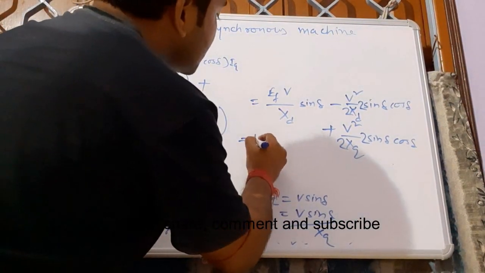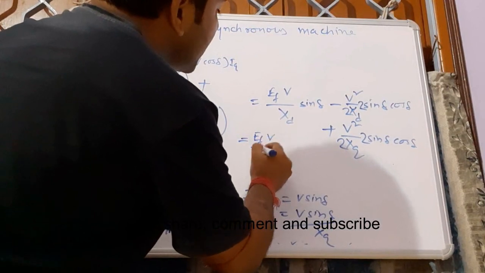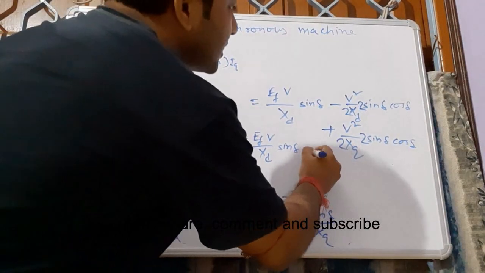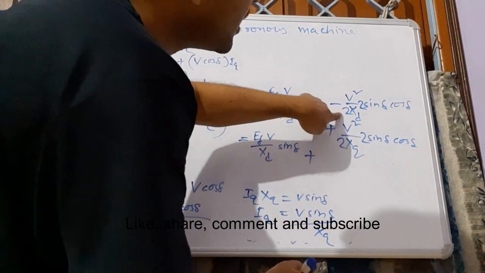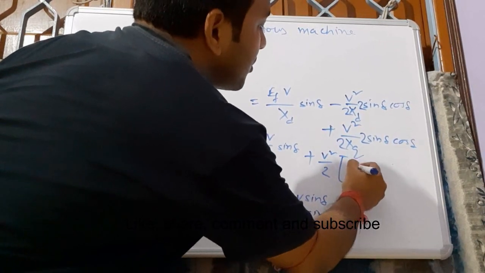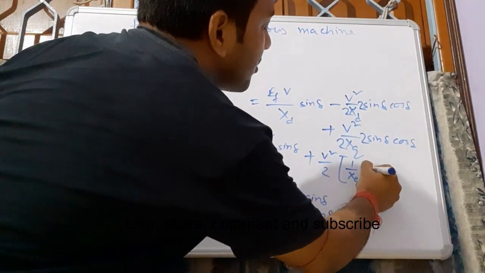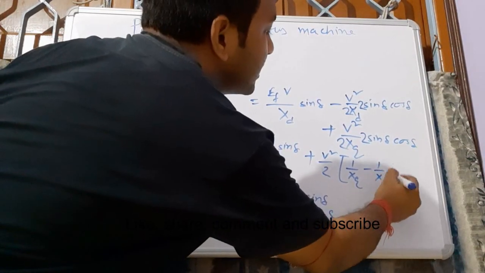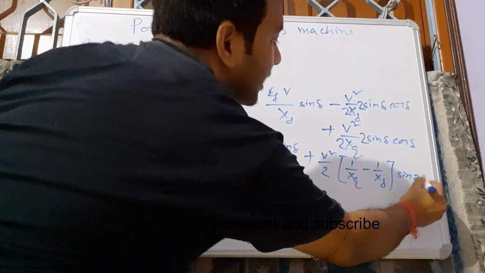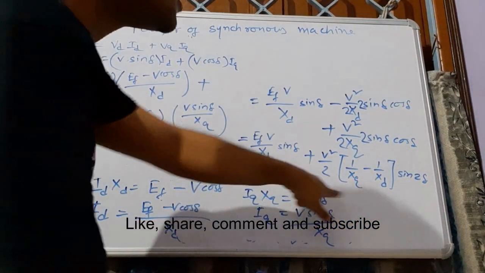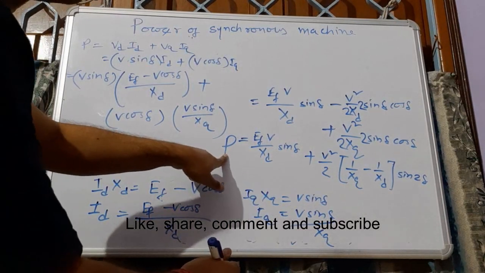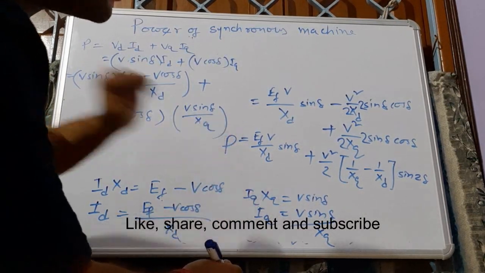So this equation can be written as EF V by XD sin delta plus, if we take V square by 2 common, V square by 2 times (1 by XQ minus 1 by XD) sin 2 delta. So this is the equation of active power for a salient pole synchronous machine.